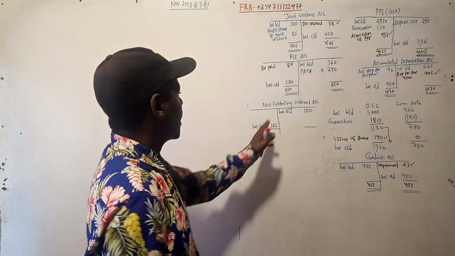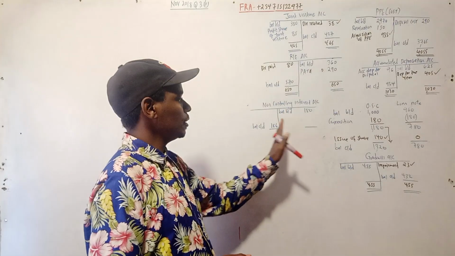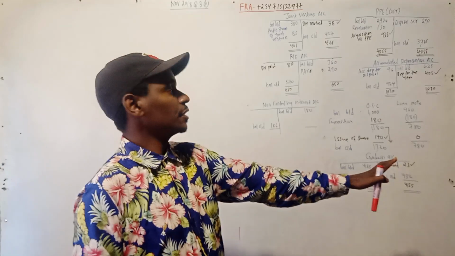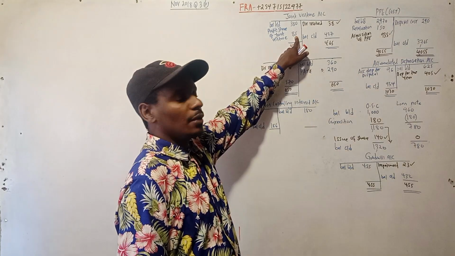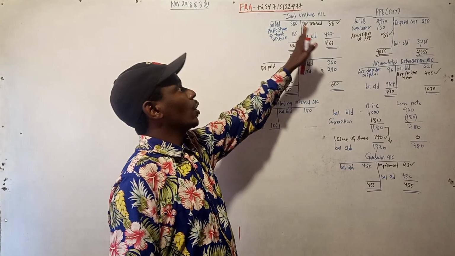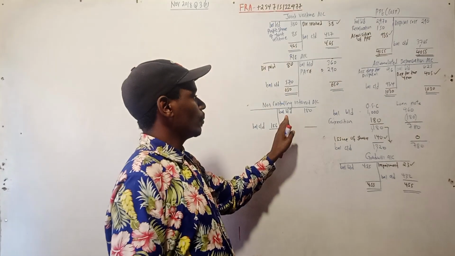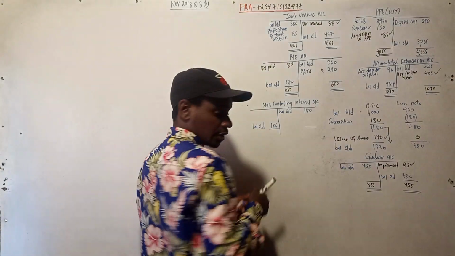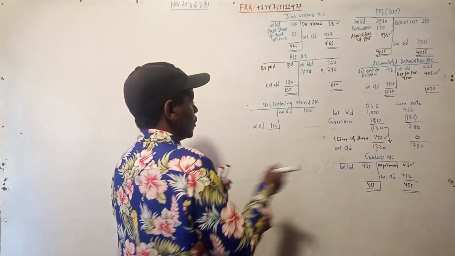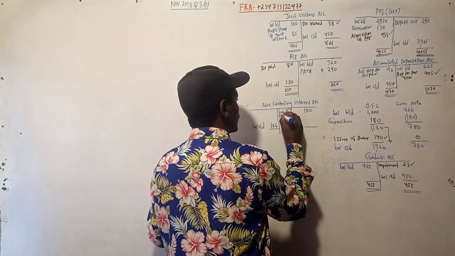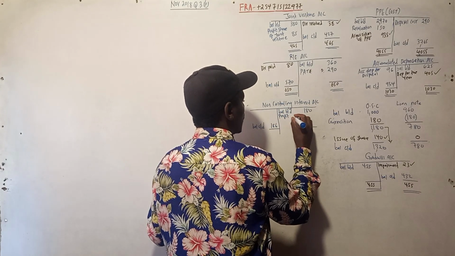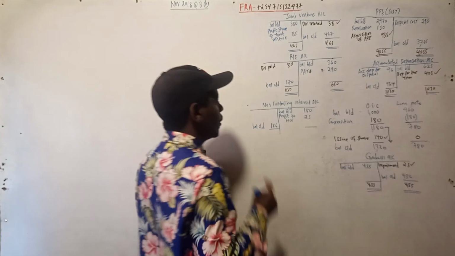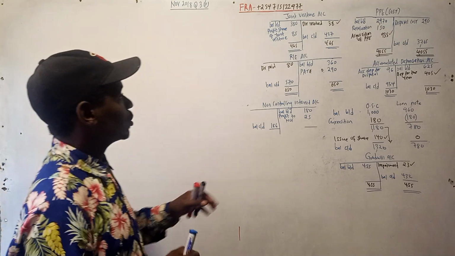Because this one is a form of liability, the profit attributable to this account will be on the credit side, unlike the joint venture, where, because it's an asset, the profit will be on the debit side. So the profit to NCI is 25.